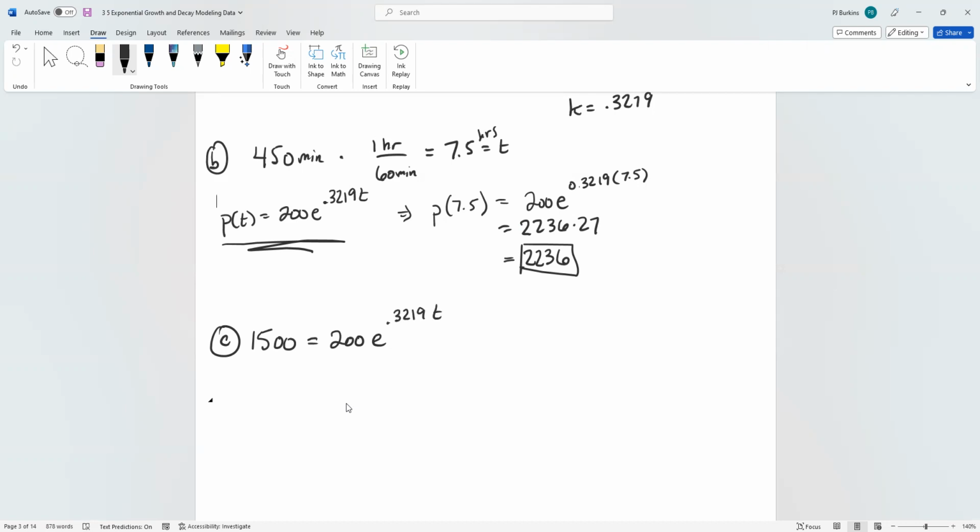Now we've done this many times now, but we solve for k, but it's the same process. So I'm going to divide by 200. Again, the zeros go away. And if you want, 15 halves, right, is 7.5. This is e to the 0.3219t. To get rid of e, we got to take natural log of both sides.